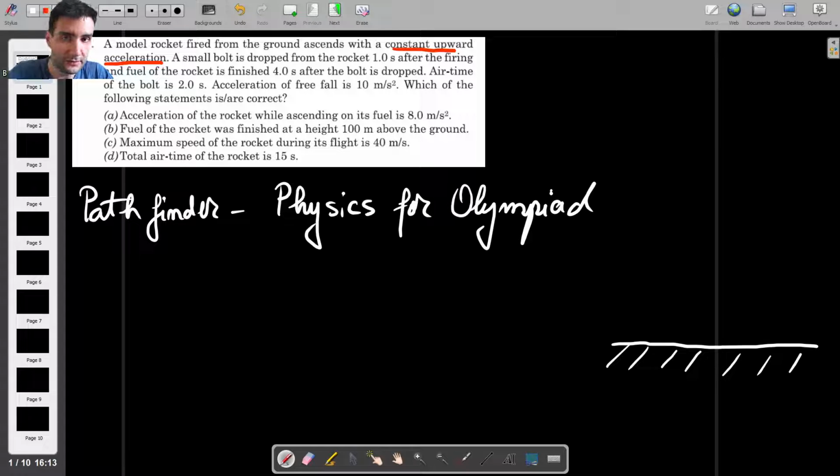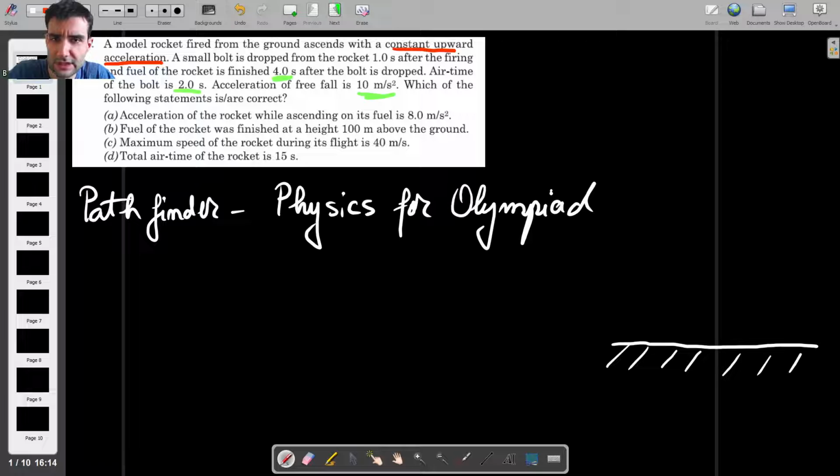And 1 second after the rocket is launched, there is a bolt that drops from the rocket, and we also know that the fuel of the rocket finishes after 4 more seconds. So that's 5 seconds after takeoff. And we also know that the air time of the bolt is 2 seconds. And the acceleration of free fall is approximated to be 10 meters per second squared.